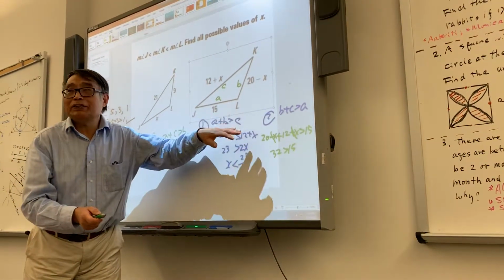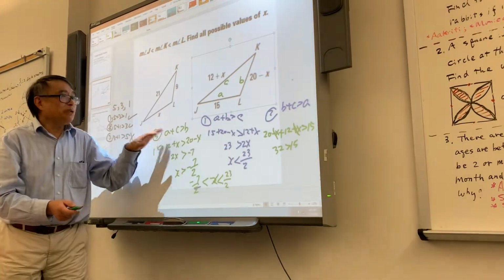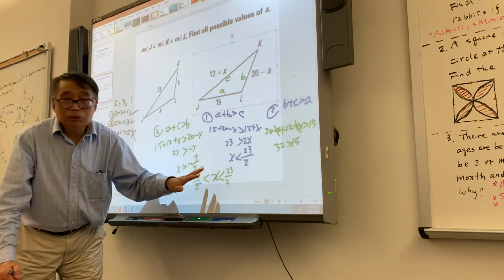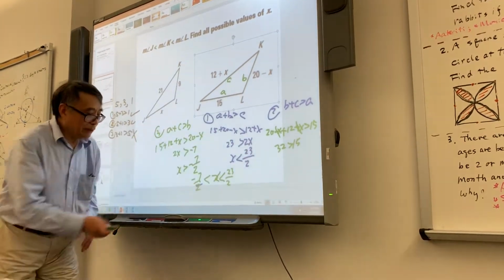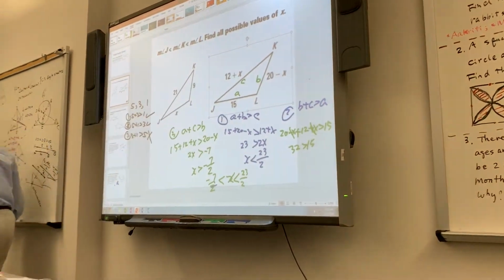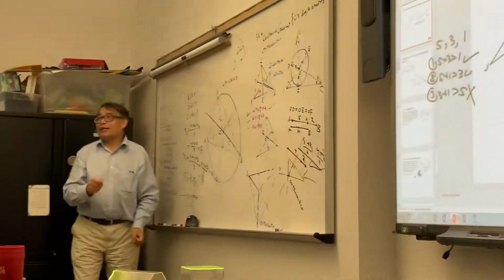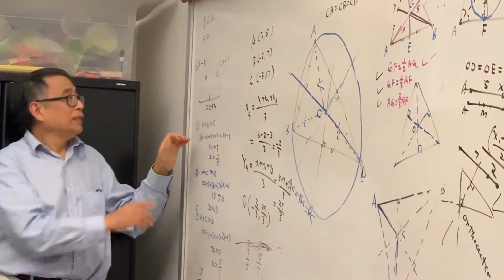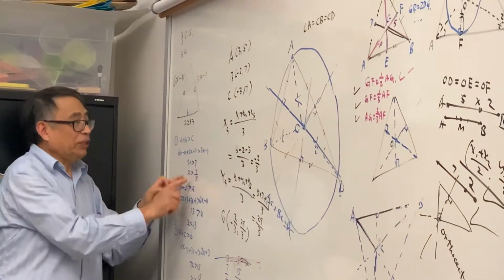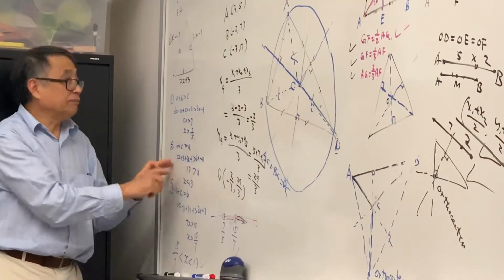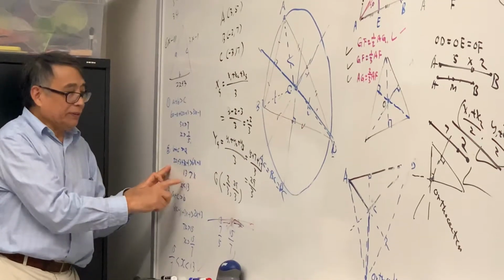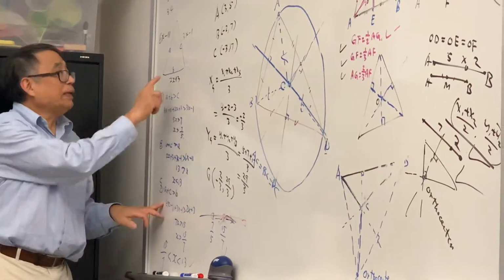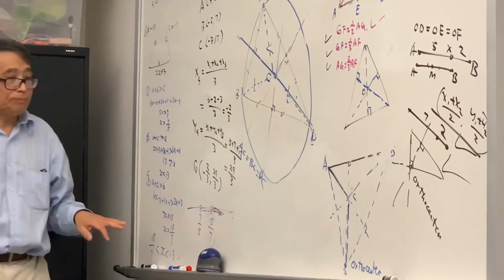A plus B is greater than C, B plus C is greater than A, A plus C is greater than B. So you get 2 numbers because this number is not okay. But this kind of question is required for the test. The question is 3 sides. A plus B is greater than C, you get x is greater than 7 over 5. B plus C is greater than A, you get x is less than 13. A plus C is greater than B, you solve and get 15 over 7.